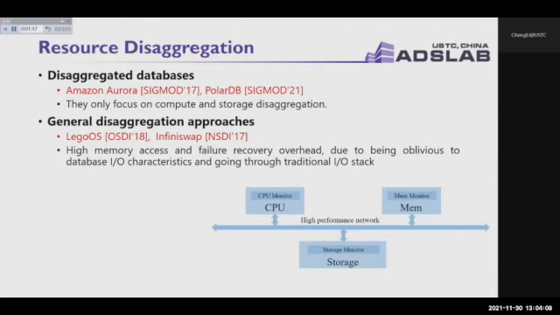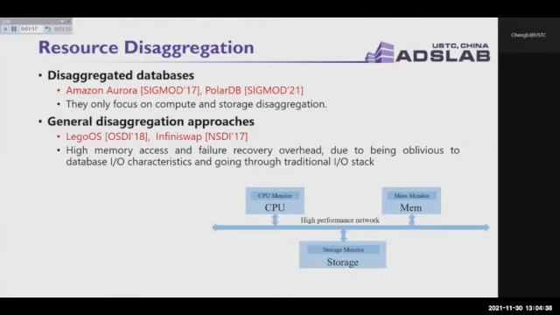In addition to this kind of disaggregated database, there is another approach which we call the general disaggregation approach. The representative examples are LegoOS, published at OSDI 18, and Infiniswap, the infinite swap server. What they do is implement this kind of resource disaggregation ability in the kernel, which can be transparent to the application.